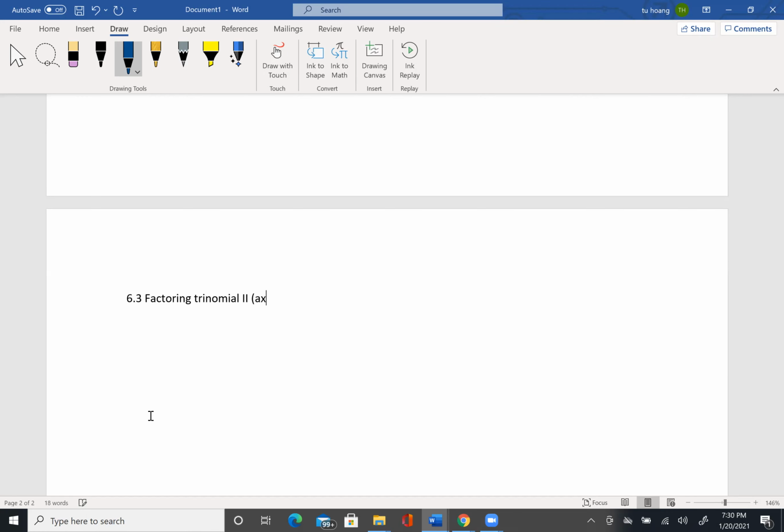We have it in the format ax squared plus bx plus c. This one could be really harder, but it's also going to be called the AC method later in some college courses, but it is still similar to trinomial number 1.